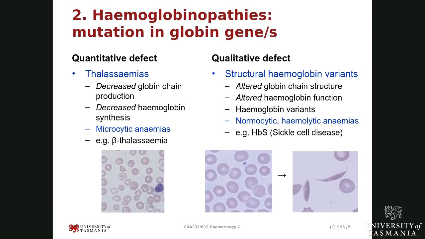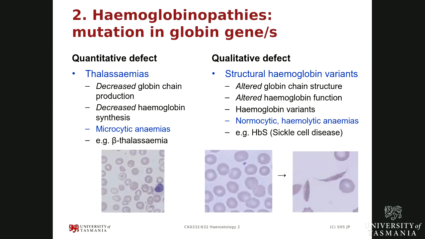And so we find that when we have a look on our classification system, as I said before, the hemoglobin variants are normocytic, normochromic anemias, and they are also classed as a hemolytic anemia. So that abnormality to the hemoglobin structure and function mean that these cells are more fragile and therefore they don't live their usual 120 days.